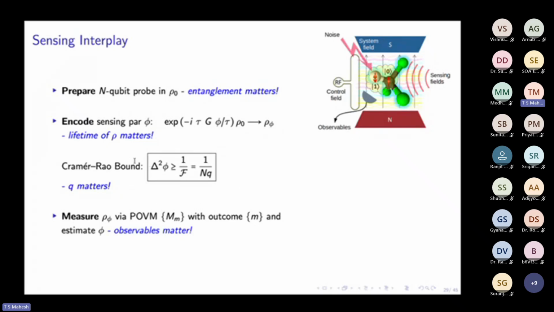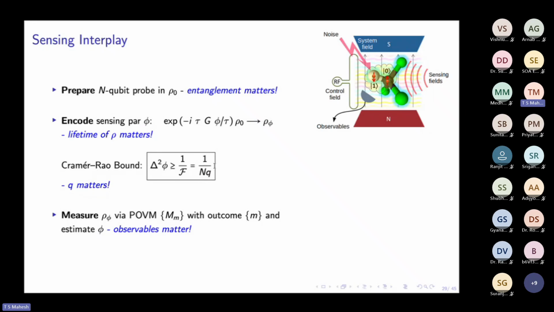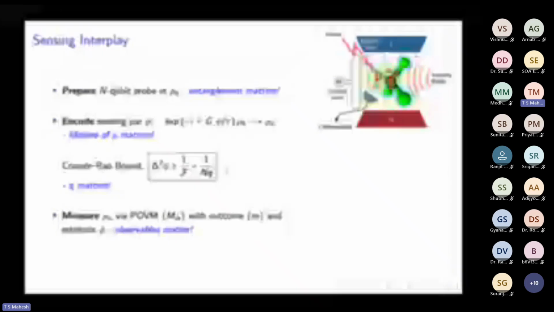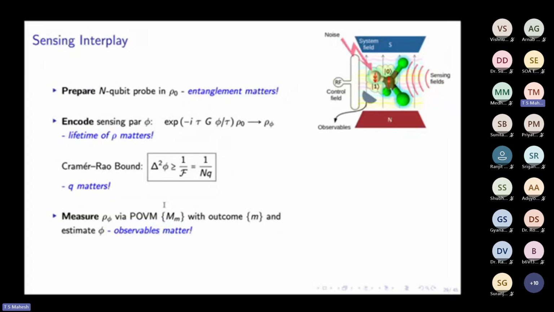And of course, now we have the Cramer-Rao bound. The Cramer-Rao bound depends on the quantum Fisher information, and quantum Fisher information scales with the number of qubits as well as the coherence order. So Q is also important. Larger quantum systems with the highest coherence order give the best precision. That's what the quantum Cramer-Rao bound says.